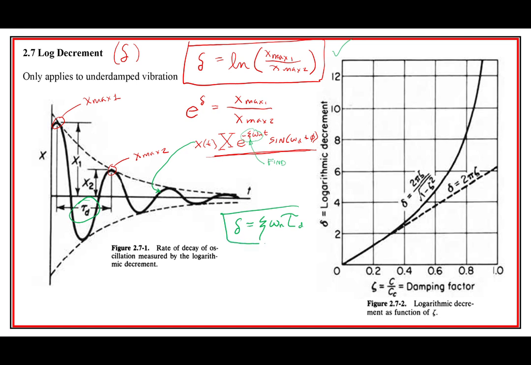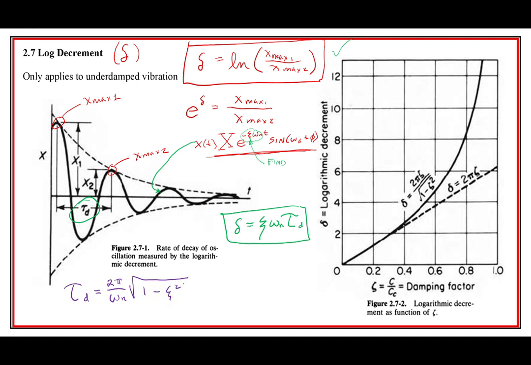So here is another formula we can use. We also know that the period is going to be equal to 2 pi over the natural frequency times the square root of 1 minus this.